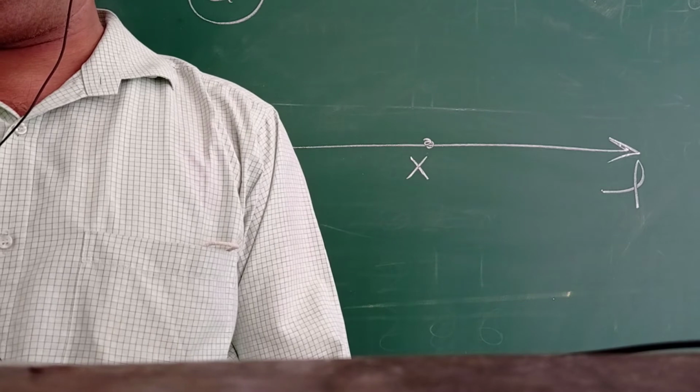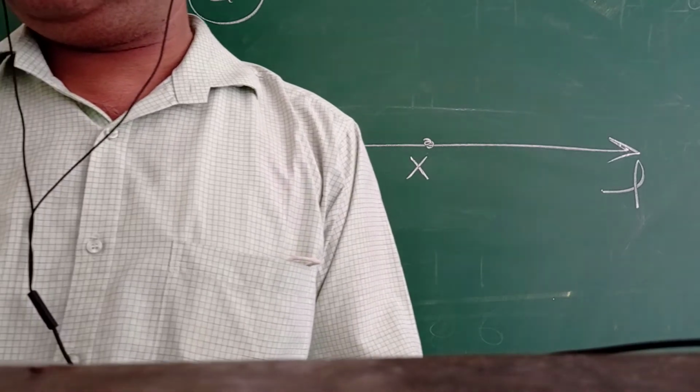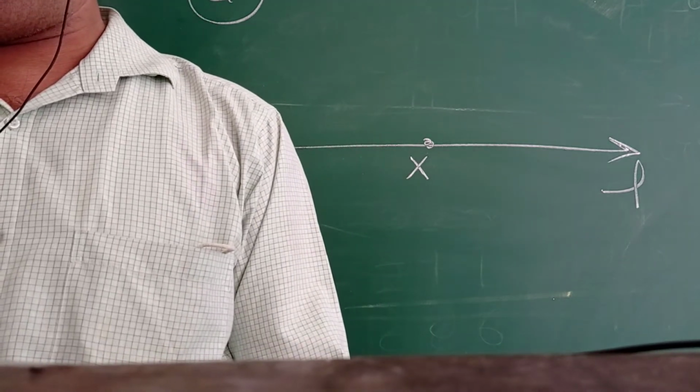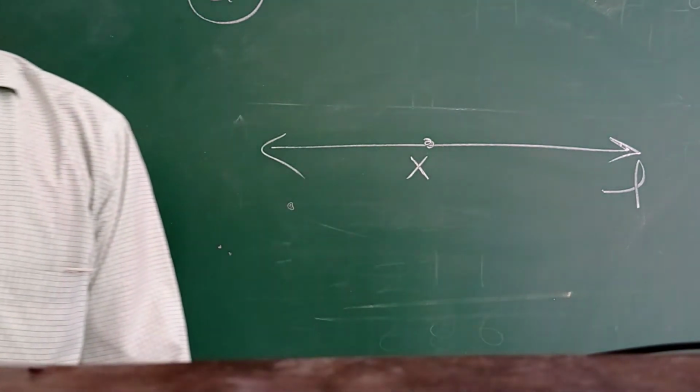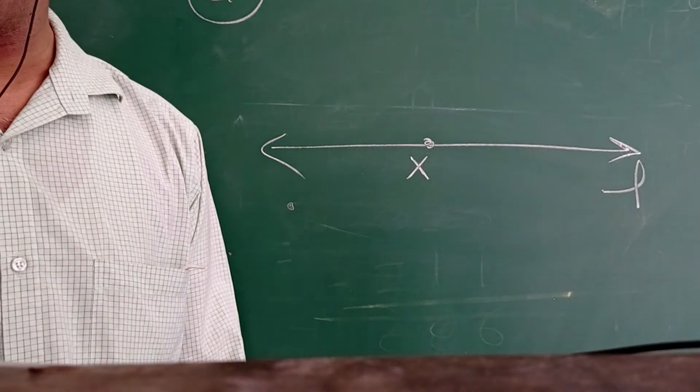Through X, draw a line segment XY perpendicular to L. Now you have to draw a perpendicular.